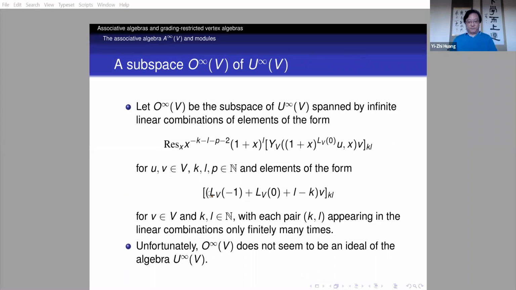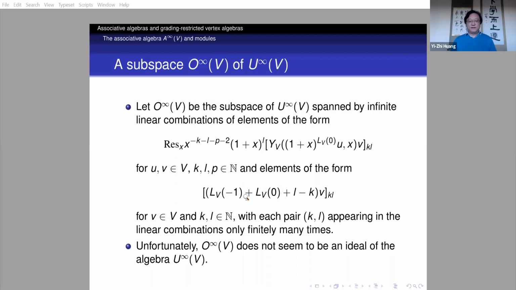What we can do is find a larger ideal. Certainly if you have an ideal containing O infinity V, it should be larger than this. So we want to find a larger ideal, or an ideal generated by this in a certain sense.